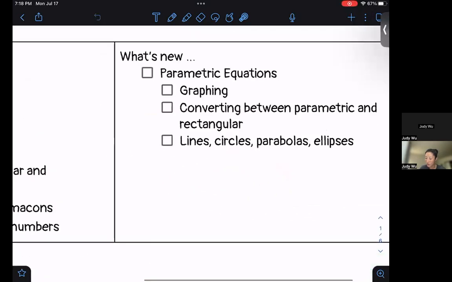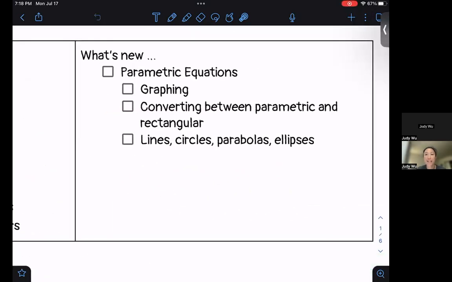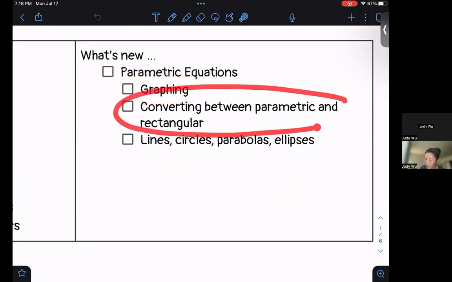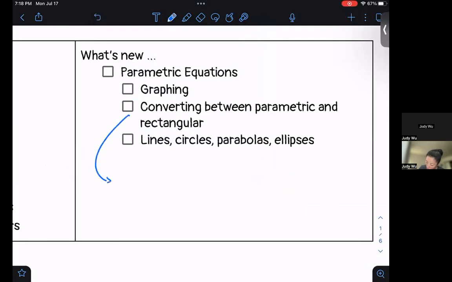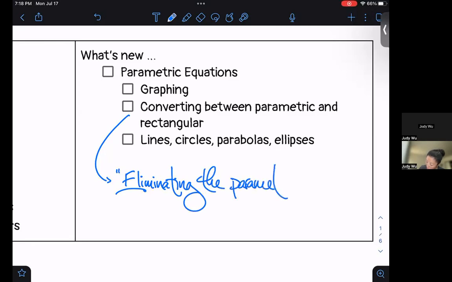And in this section, we're adding on to that. We're going to be taking a look at parametric equations, and in particular, we're going to focus on graphing them, how that works. We're going to be converting between parametric and rectangular equations. I want to add a little note here: converting from parametric to rectangular is often referred to as eliminating the parameter.